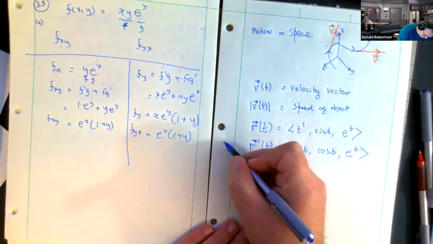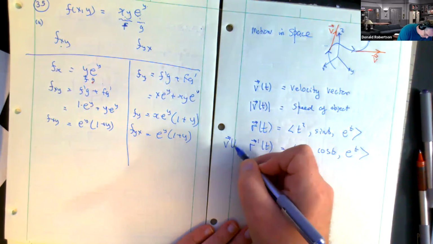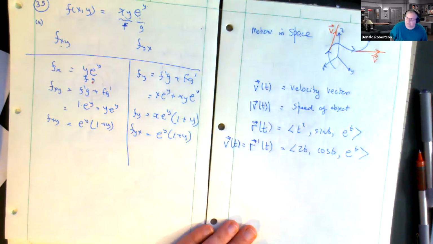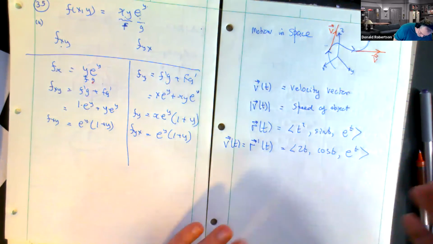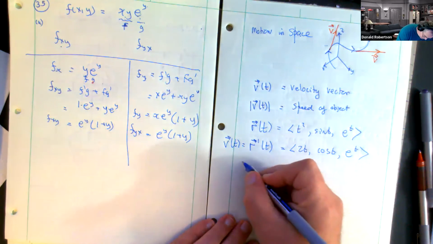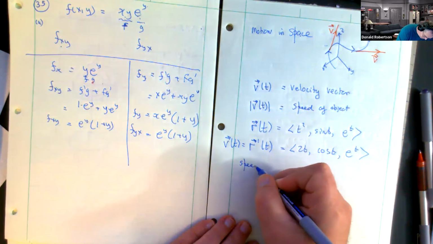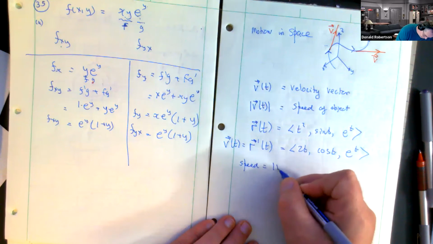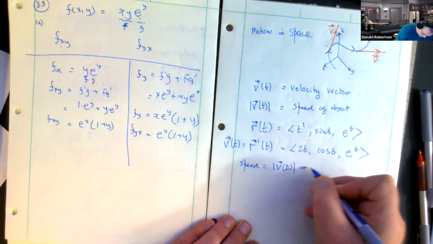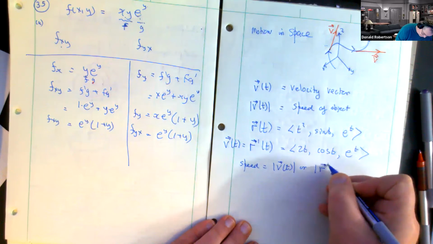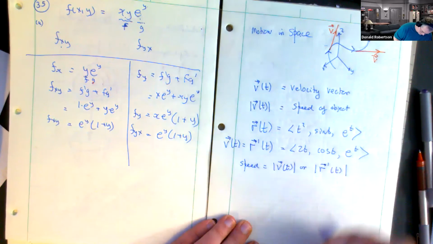And the first derivative is how you calculate the velocity vector. Now, if you want to know what's the speed at any given point t, then the speed is the magnitude of the velocity vector, or if you prefer, the magnitude of the first derivative, because they're the same thing.